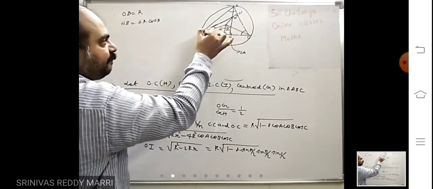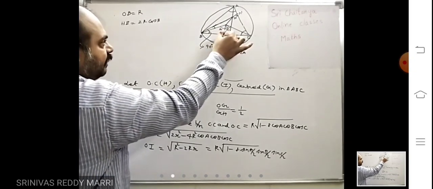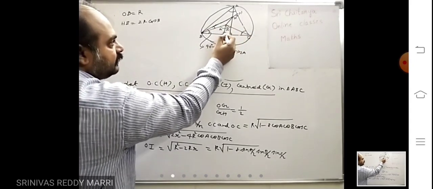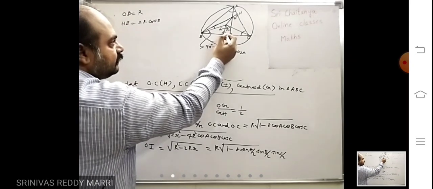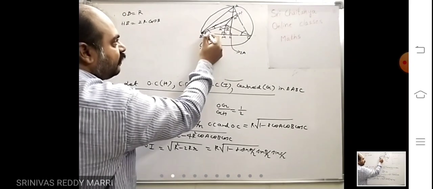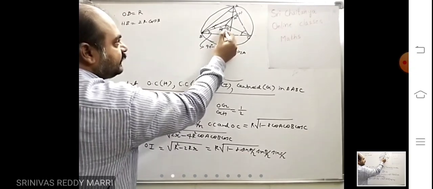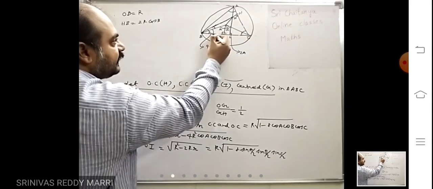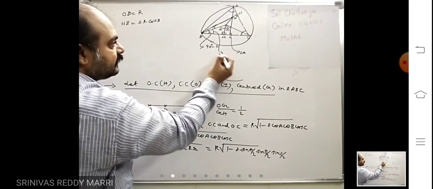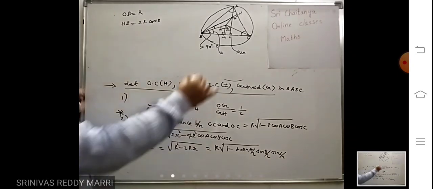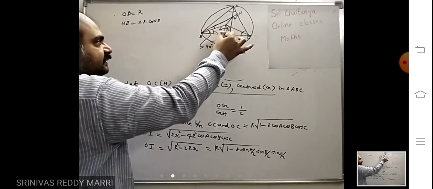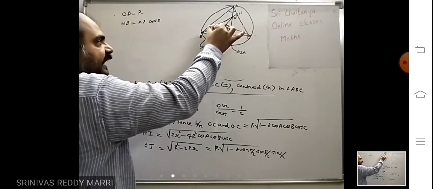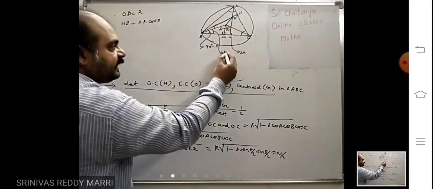Look at triangle OBM. In triangle OBM, this angle is 90 degrees and this angle is A. So the angle I want to calculate is the third angle, 180 minus (90 plus A).